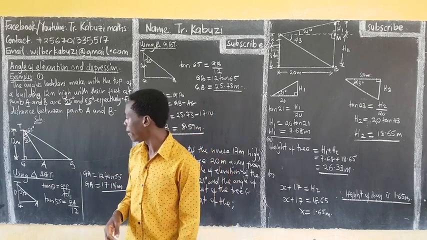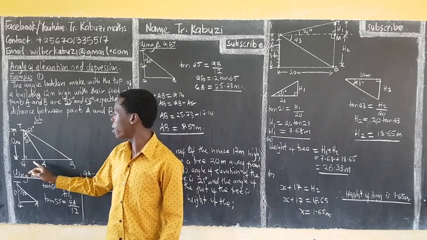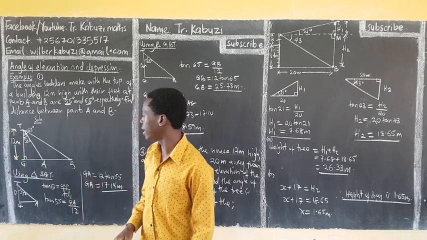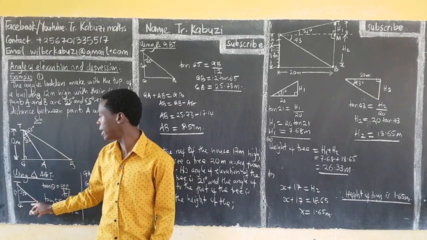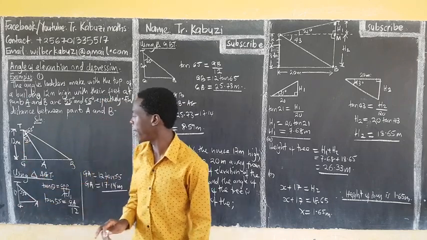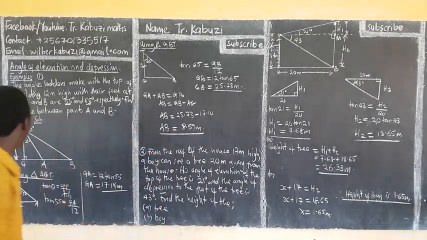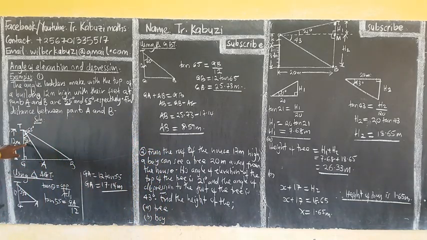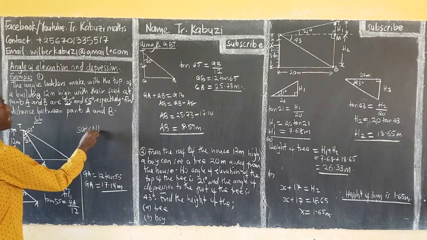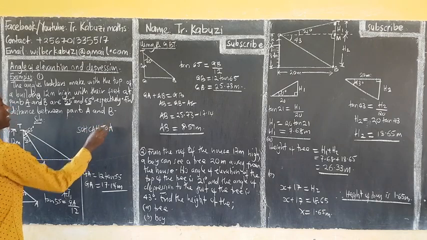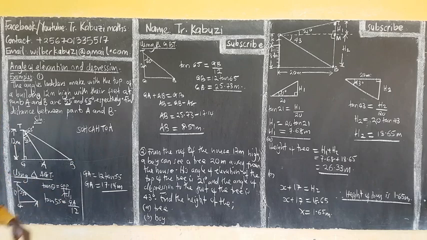Now I'm going to use the triangle ADT. Using ADT, this angle here is 55. This is my B, this is my A. I want to get DA. Because you have the angle and you have the adjacent, we look at our tan using SOHCAHTOA. SOHCAHTOA says that tan is always opposite over adjacent.